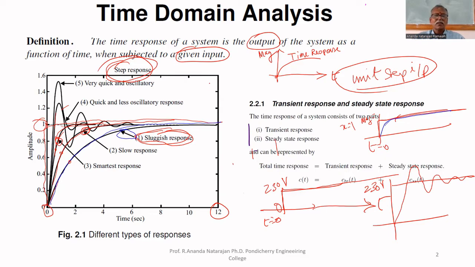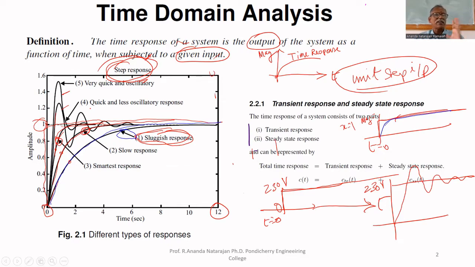But the fifth response is very quick and oscillatory. Because the speed is higher, it quickly reaches the final value, but it cannot stop there. That's why it goes beyond that, then oscillates around that and finally settles.